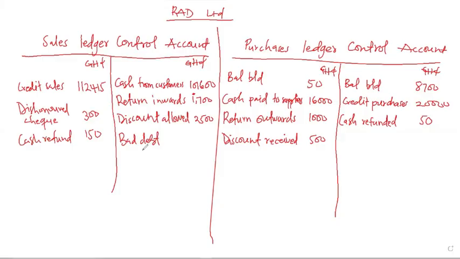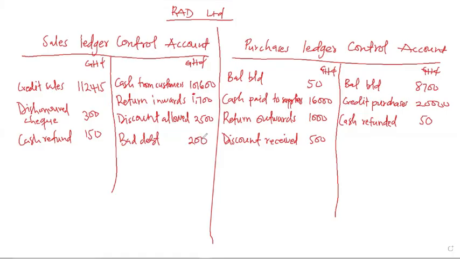Because if the debtors balance is 1,000 cedis and we feel 300 cedis is a bad debt, then obviously the debtors account is going to reduce towards 700. So when there is a bad debt written off, it decreases the customer's account or the debtor's account.